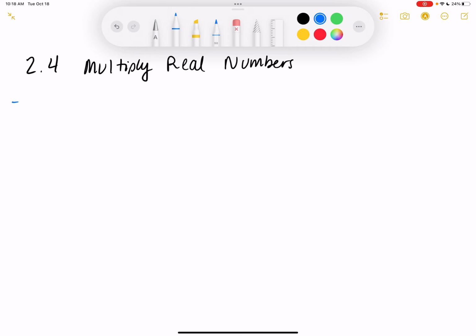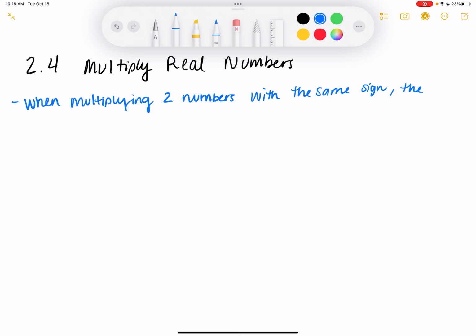So when multiplying two numbers with the same sign, the answer is always positive.